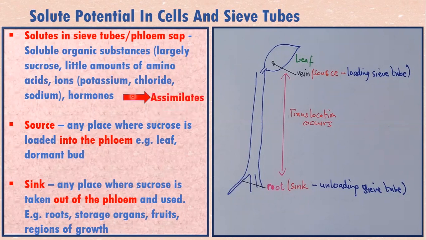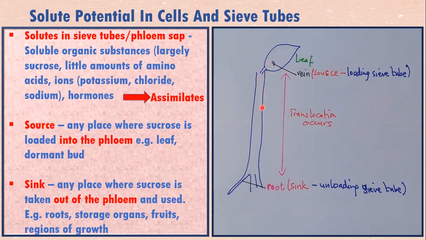So that's about solutes. Now, another term we want to talk about is source. The source is any place where sucrose is put or loaded into the phloem, that's the sieve tubes. So anywhere that sucrose will be put into the sieve tubes is the source, and it's usually in the leaf or dormant buds.